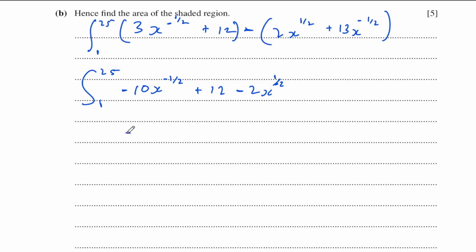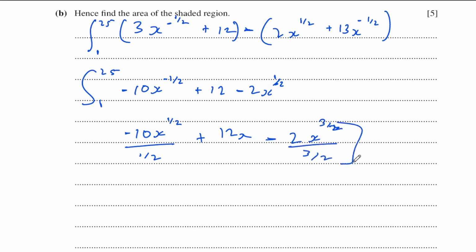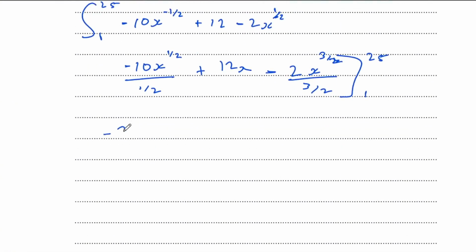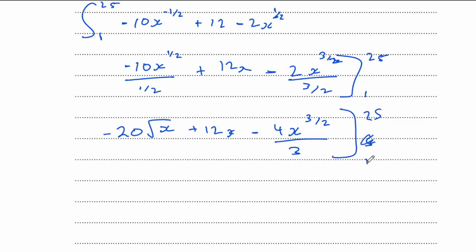So we'll integrate this first. This will become negative 10 x power a half over a half plus 12x minus 2x power 3 over 2 over 3 over 2, and obviously 1 and 25. This is just going to become negative 20 root x plus 12x minus 4x power 3 over 2 over 3, from 1 to 25.